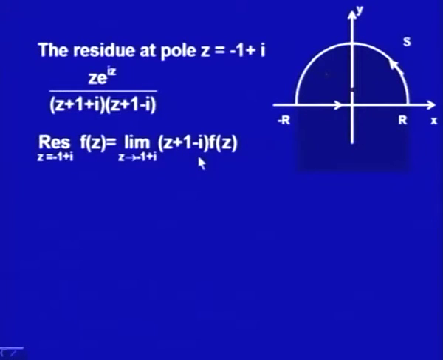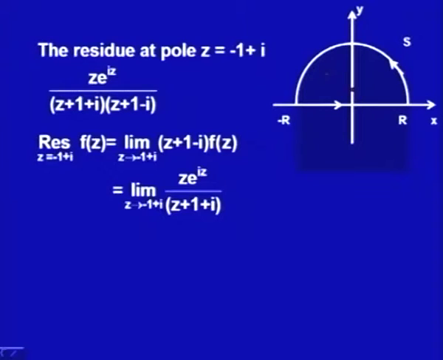Now, if I multiply f(z) with z plus 1 minus i, we see that the denominator has z plus 1 plus i and z plus 1 minus i. So, what I get is the limit as z approaches minus 1 plus i of z e to the power iz upon z plus 1 plus i. This limit is just evaluated at z equal to minus 1 plus i.